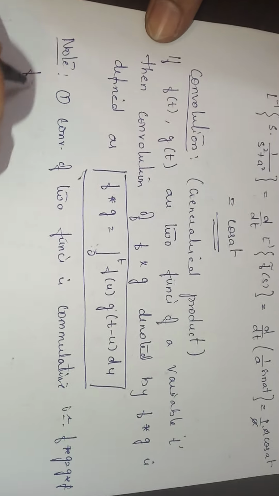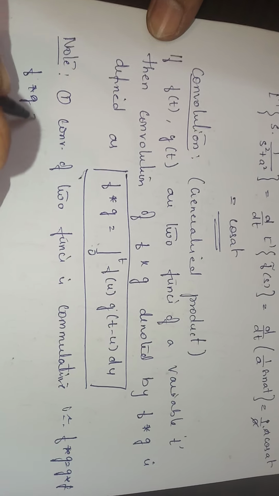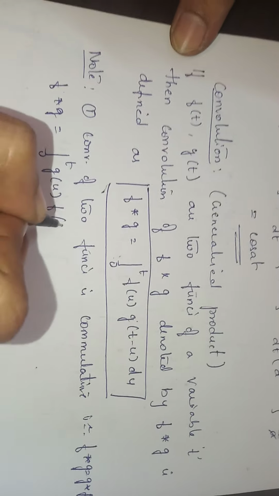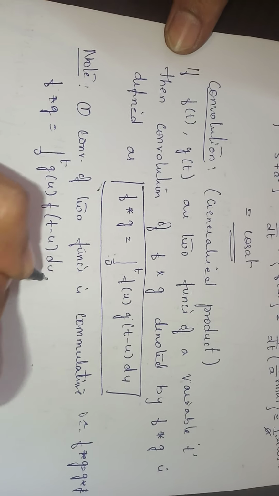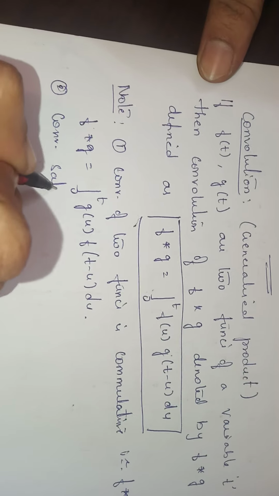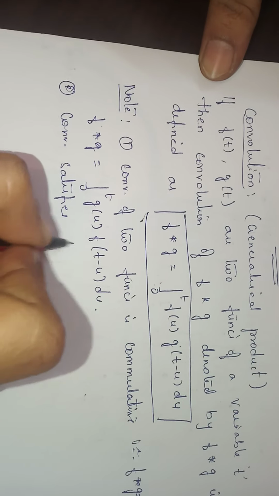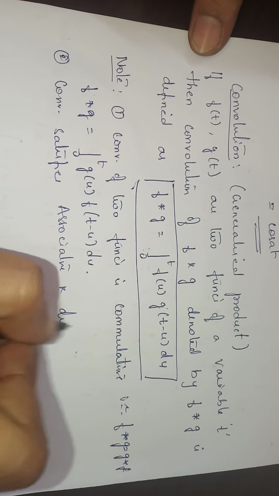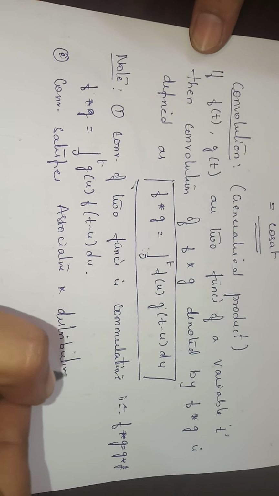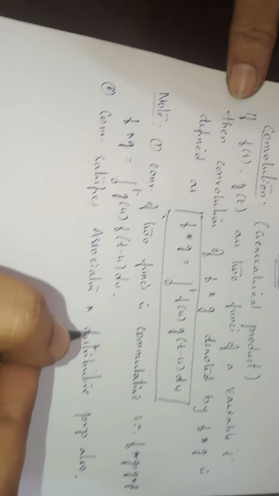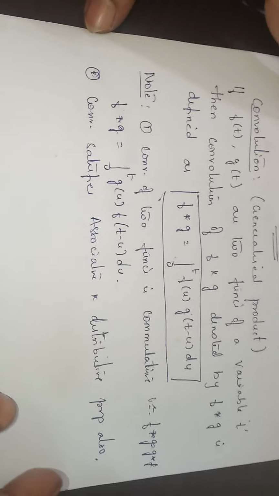So you can write f star g also as integral 0 to t g of u f of t minus u du. Second, convolution satisfies associative and distributive properties also. Here we are concerned only with the commutative property.